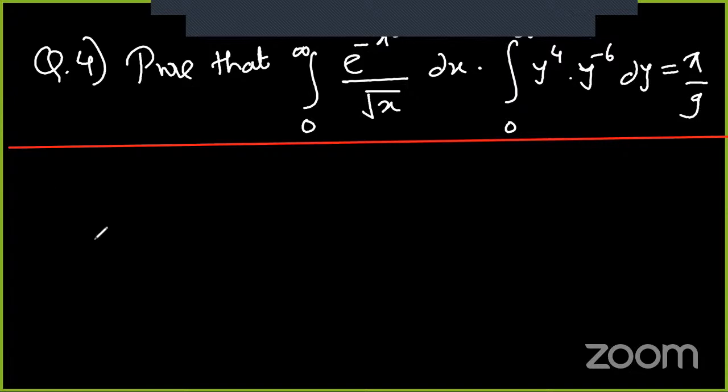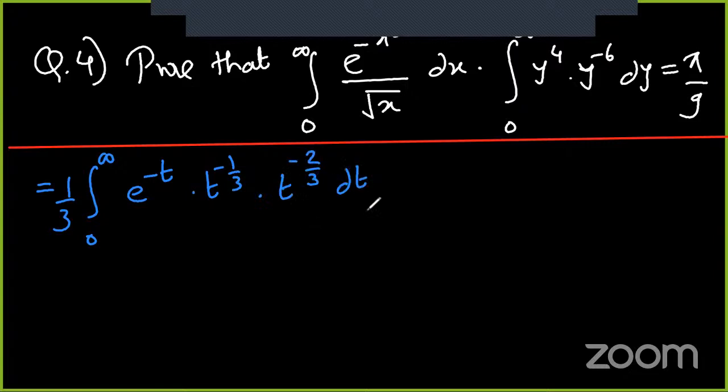So it's 0 to infinity, e raised to minus t. Here it was 1 by 3. t raised to minus 1 by 3, t raised to minus 2 by 3 dt. If I did the addition, minus 1 by 3, sorry, here it was 1 by 6, right? Here it was 1 by 6.